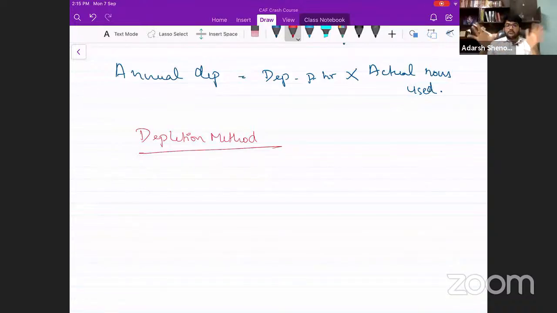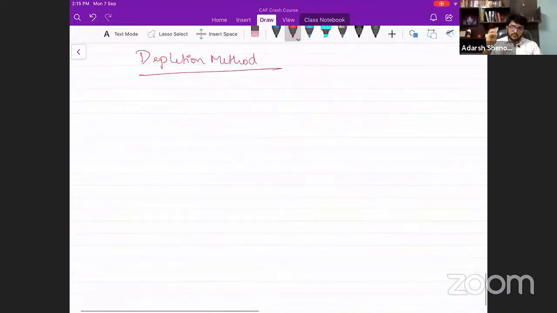This method is also used. Actually, it is a depletion method. We have to call it depletion, but we call it a depreciation method because it is part of our depreciation chapter itself. This is used on land, that is, natural land which has natural resources and which loses its value with usage of those natural resources. In the case of such land, we use this particular method.